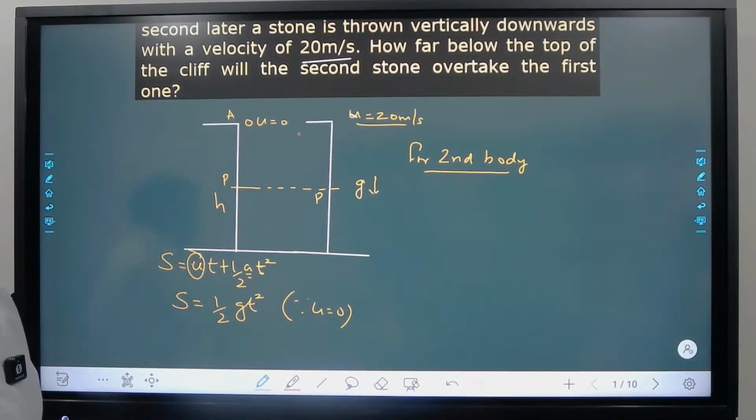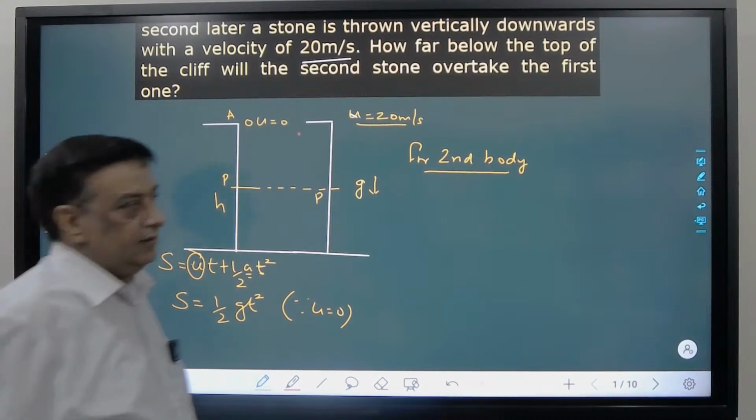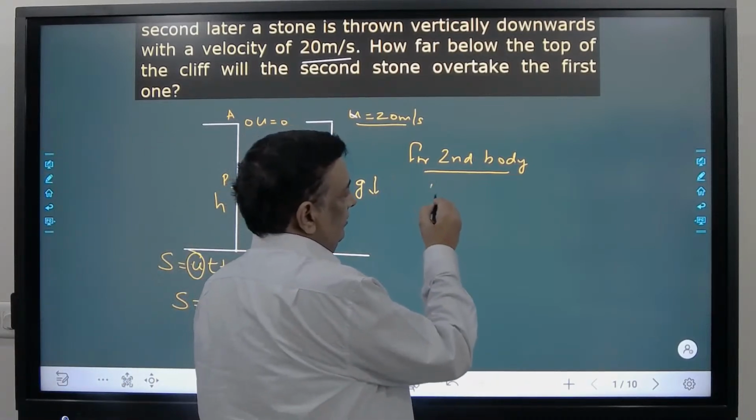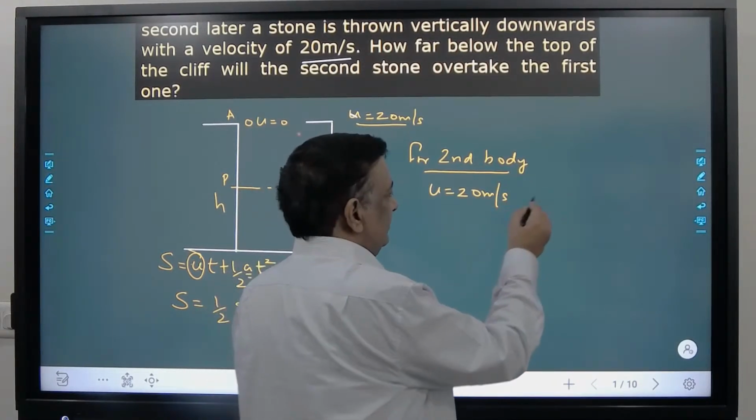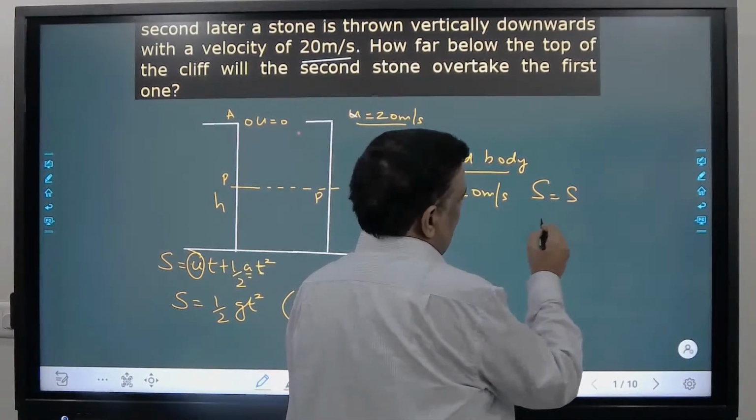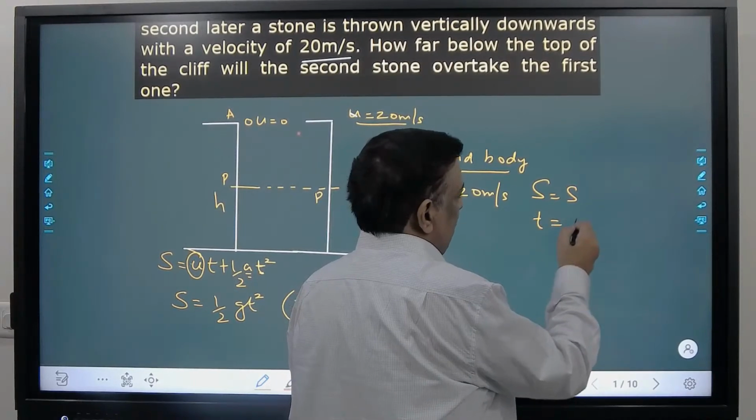So for second body the equation will be: u is 20 and it travels same distance s but in time t minus 1.